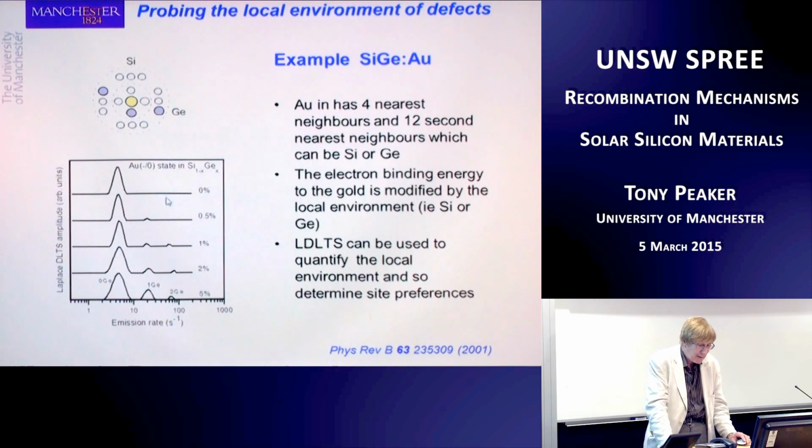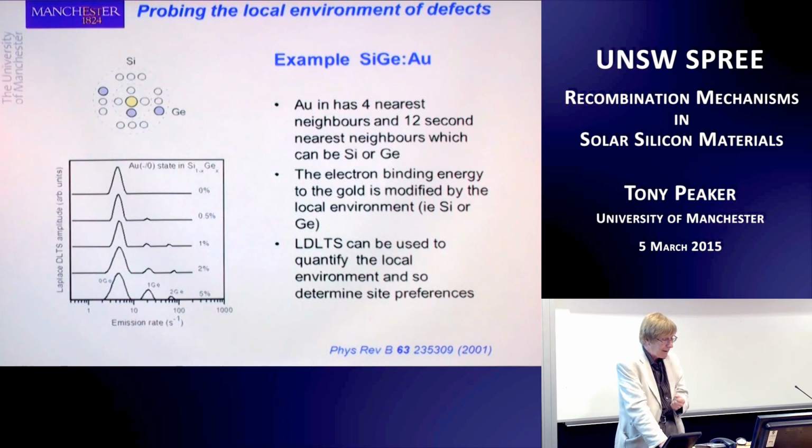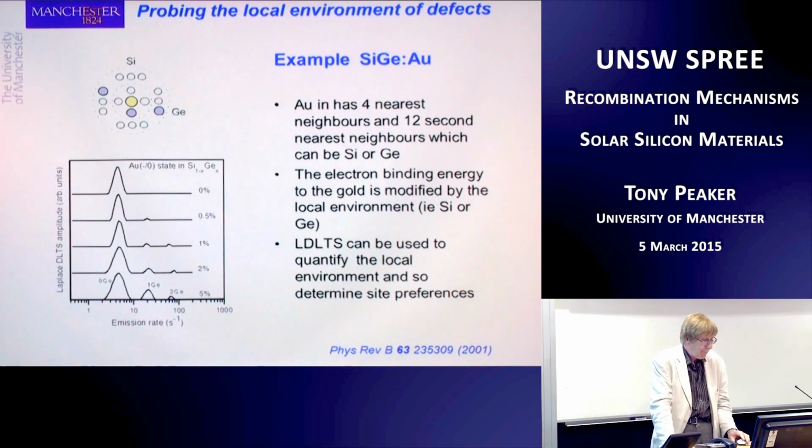And so this is just adding a bit of germanium to the silicon, 0.5%, 1%, and at the bottom 5%. And so again, absolutely quantitative. So you can work out the siting preference, where the gold prefers to sit in the ternary alloy. And so that's something which is potentially very useful in solar materials.